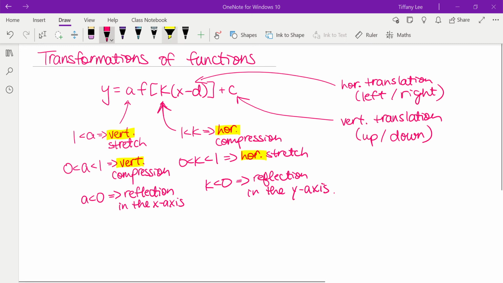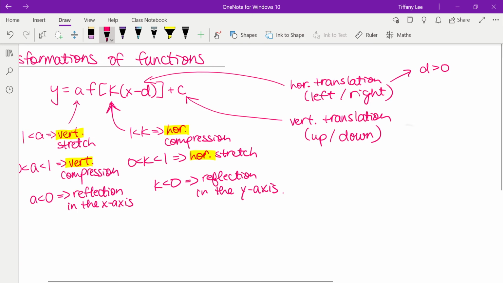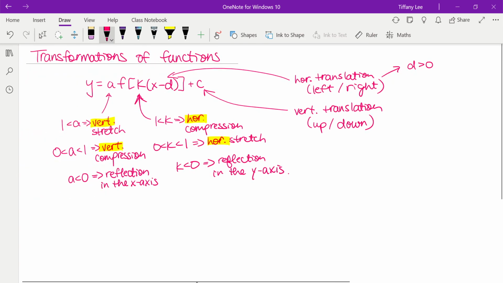Now going back to your horizontal translations and vertical translations. With your horizontal translations, how do I know if you're moving left or moving right? When your d value is positive, that means you are moving to the right.